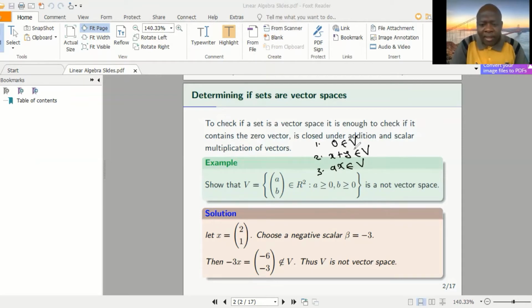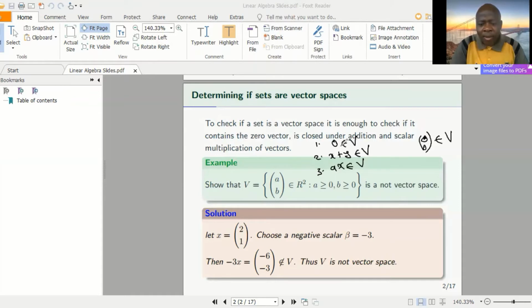Now let's see. This set of course has the 0 vector, because they have said here that A should be greater than or equal to 0. So A can be 0. And B should be greater than or equal to 0, so B can also be 0. That means V contains the 0 vector, so the first property is satisfied.